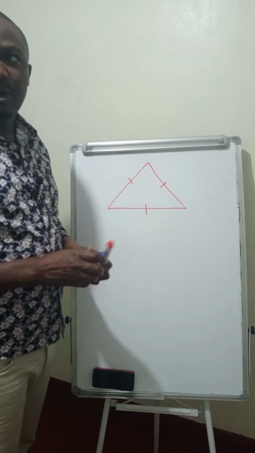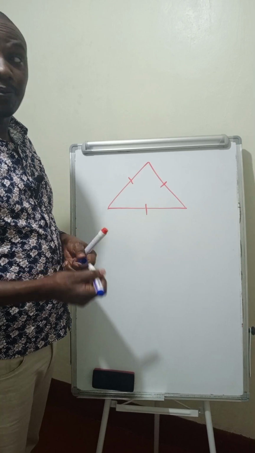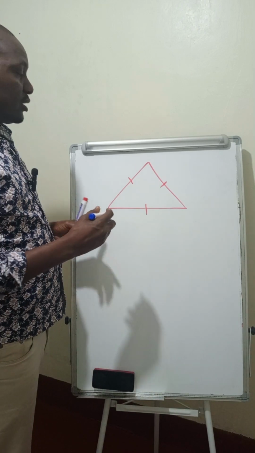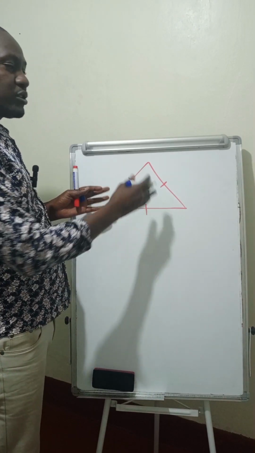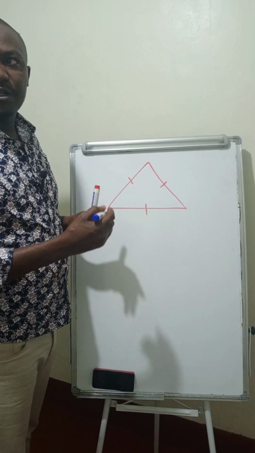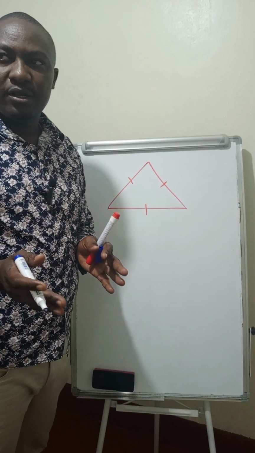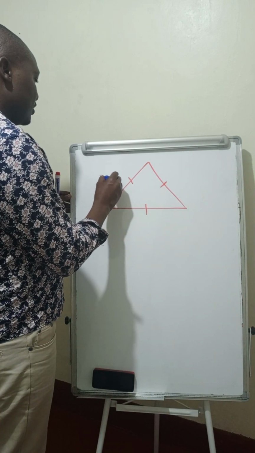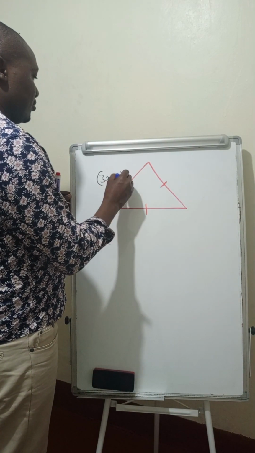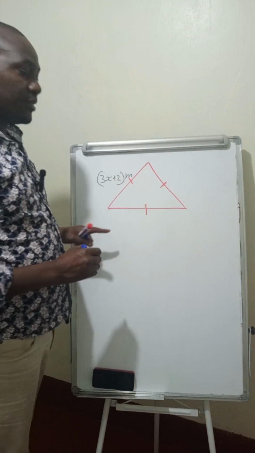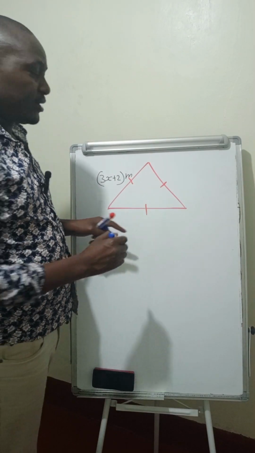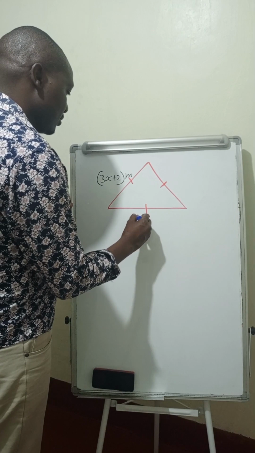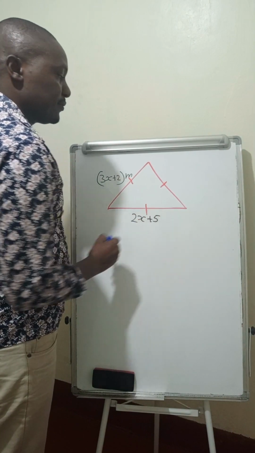So we shall have the sides named. For example, we have this one side to be 3x plus 2 meters. Then this side we can give as 2x plus 5.